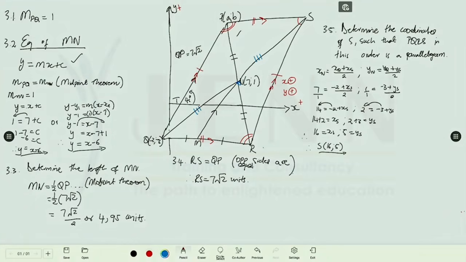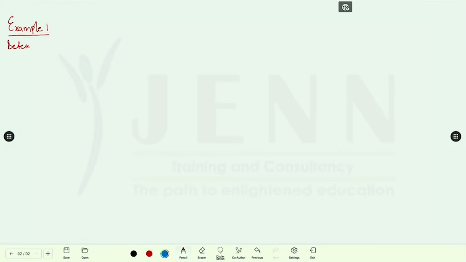Let me switch here. Our example 1 says, determine the equation of a tangent to the circle where the equation of the circle is x squared plus y squared equals what? 8.